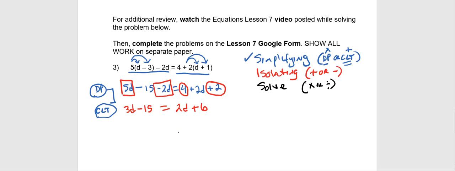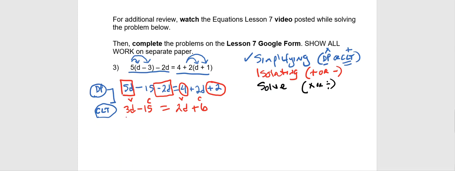Now notice what's unique about this, and we've seen this before, is that we now have a variable term and a constant term on the left is equal to a variable term and a constant term on the right. So there's any number of steps I can do here, but what I'm going to do, just sticking to what I like to do, is to move the lower valued variable term first.